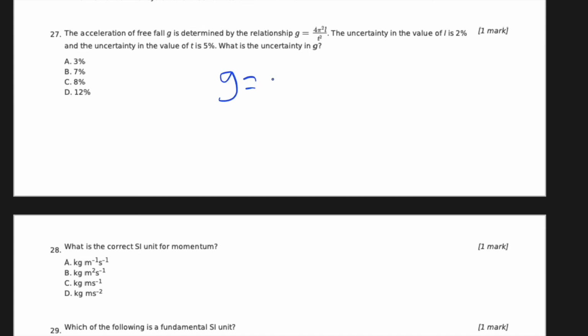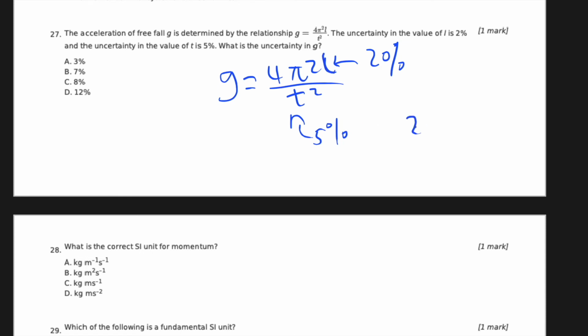So T has an uncertainty of 5%, and L has an uncertainty of 2%. So just add up all the uncertainties together. T squared is going to have an uncertainty of 10%, and L has an uncertainty of 2%. So g will have an uncertainty of 12%.